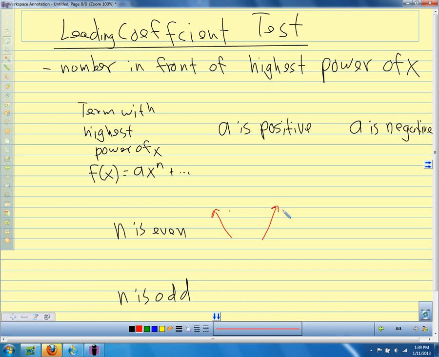So if we think of a parabola here, n is 2, y equals x squared, eventually on both sides it goes up. If a is negative, our end behavior is that our function goes down on both sides.